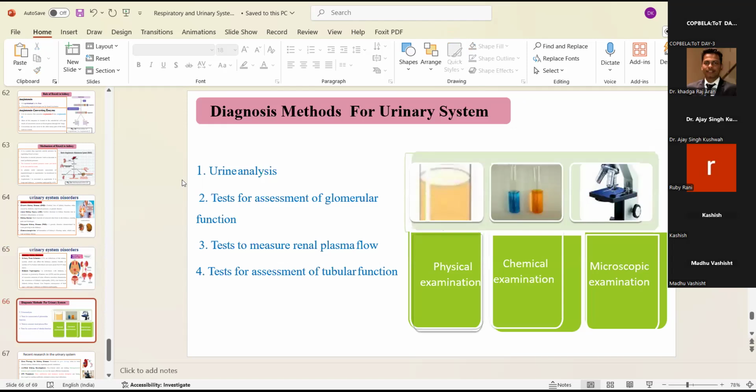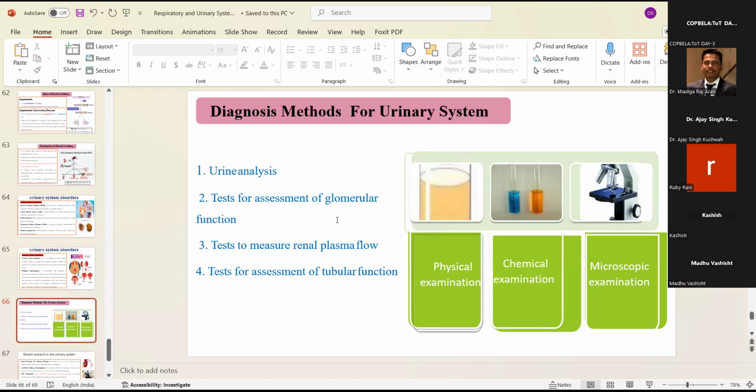Diagnosis methods for the urinary system include urine analysis, where we see the color, that is physical examination, and chemical and morphological examination of the urine.